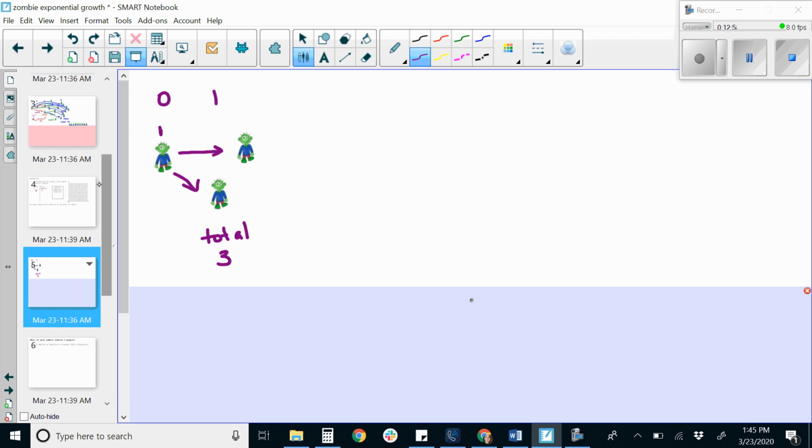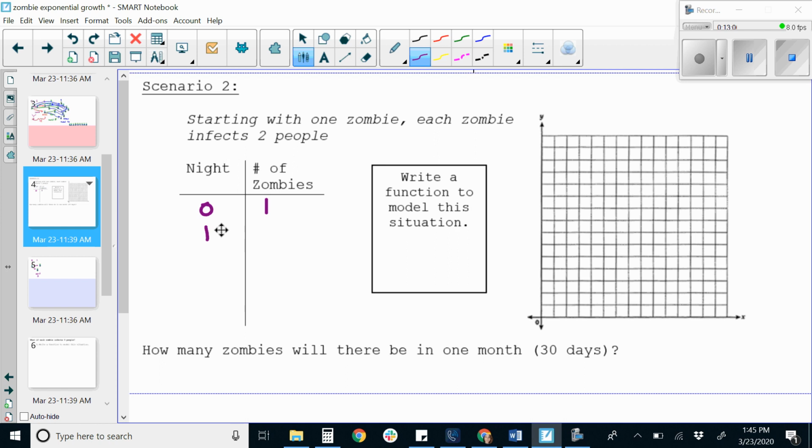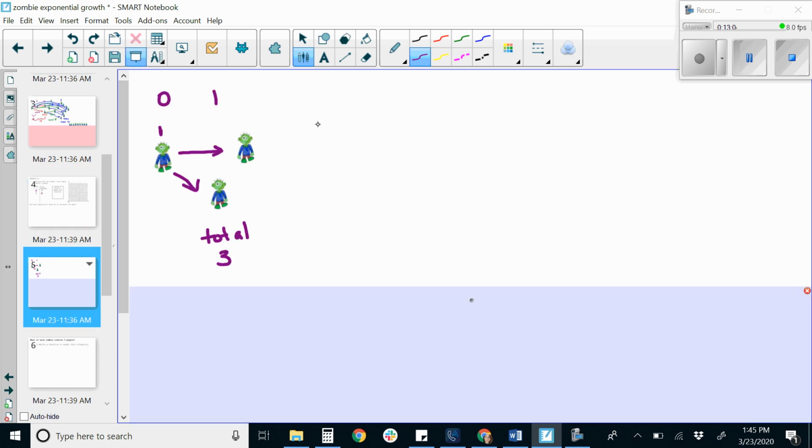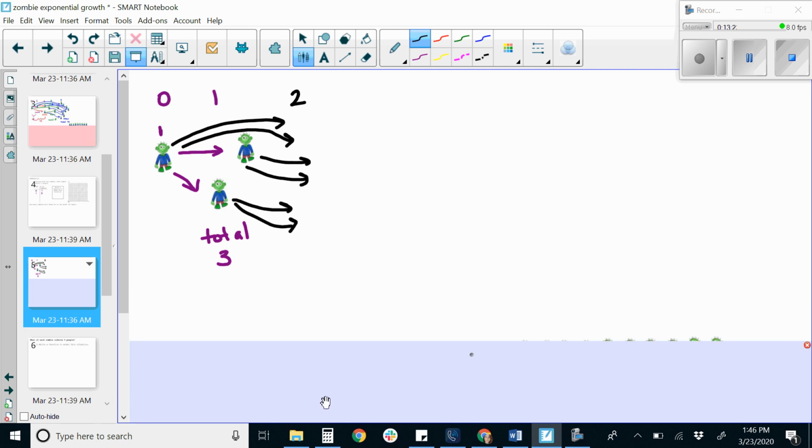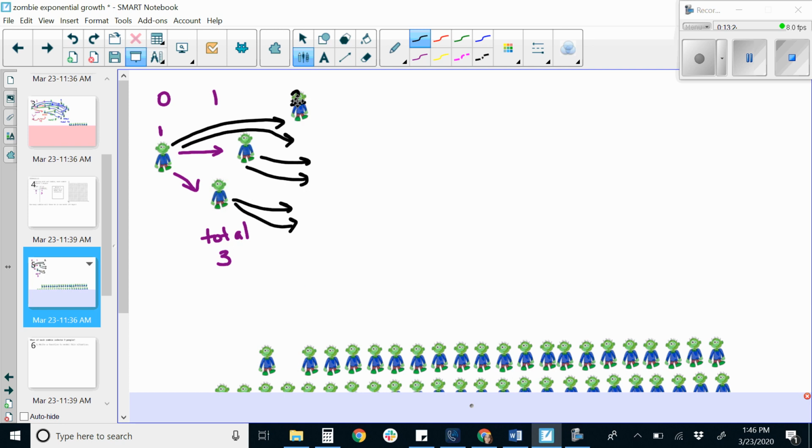All right, so let's go add that to our table. Night 1, total of 3 zombies. All right. Next night, night 2. Now, each one of these has to infect 2 more. So he's going to get 2 more. He's going to get 2 more. He's going to get 2 more. Grab some zombies. 1, 2.